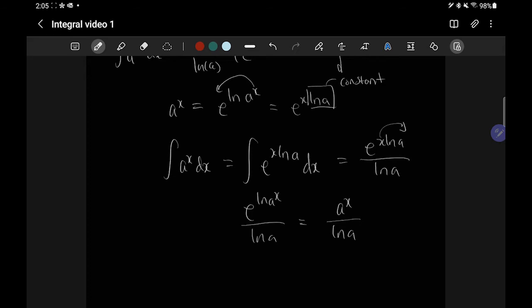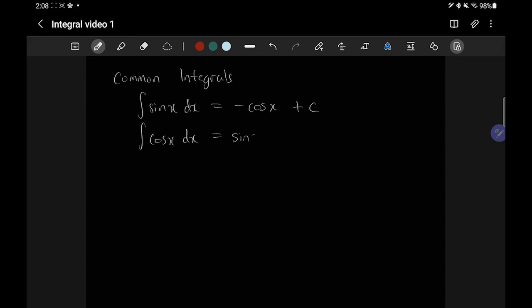Now, before moving on to the next topic, I just want to list a few common integrals that I recommend everybody to memorize. So here are some common integral functions. We have the integral of sine x dx equals negative cosine x plus c. Integral of cosine x dx equals sine x plus c. Integral of secant squared x dx equals tangent of x plus c.